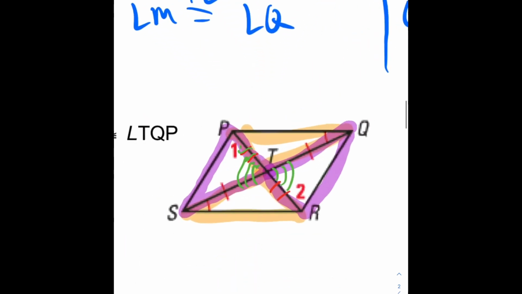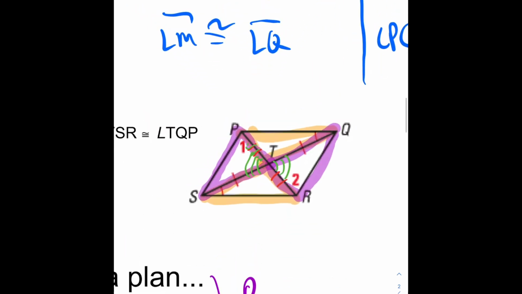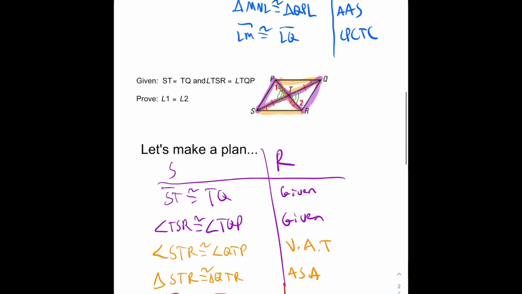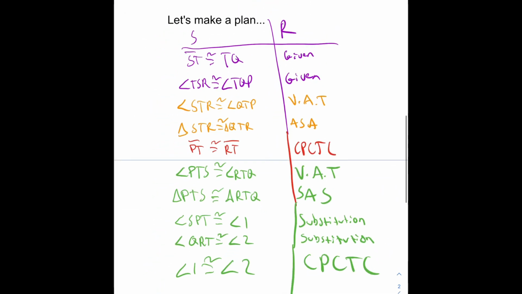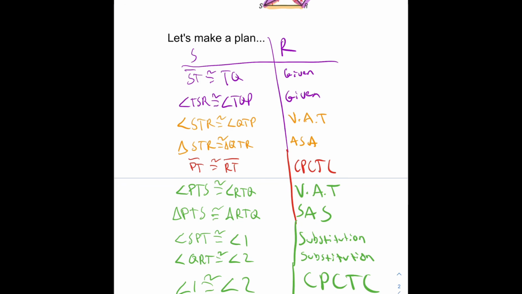So what we had to do is prove the orange triangles were congruent, use CPCTC, to then prove the purple triangles were congruent in order to get angle 1 and angle 2 to be proven congruent. So you can see it can be quite challenging, but you have to break it up into steps, prove what you can, and work from there.